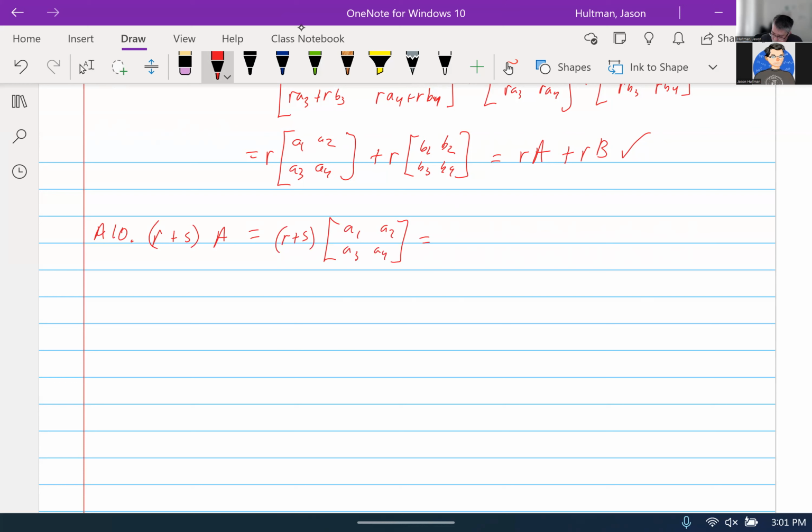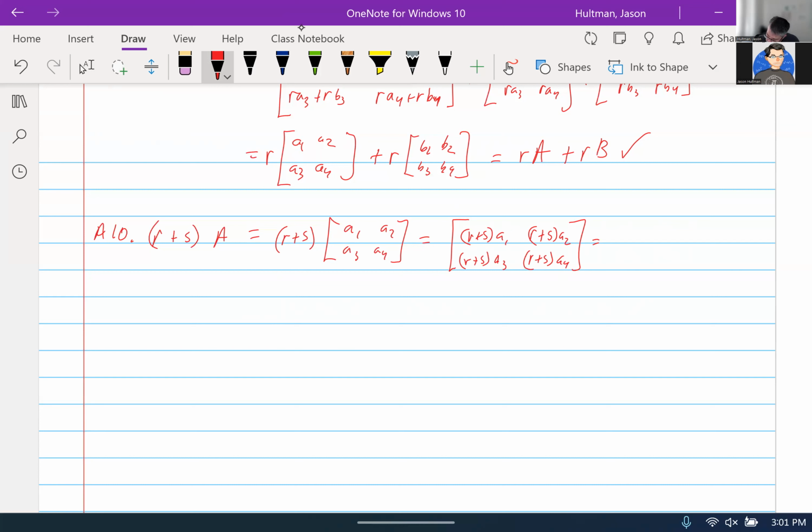So R plus S is just a scalar, so I'm going to multiply that through to each element: R plus S times A1, R plus S times A2, R plus S times A3, R plus S times A4.